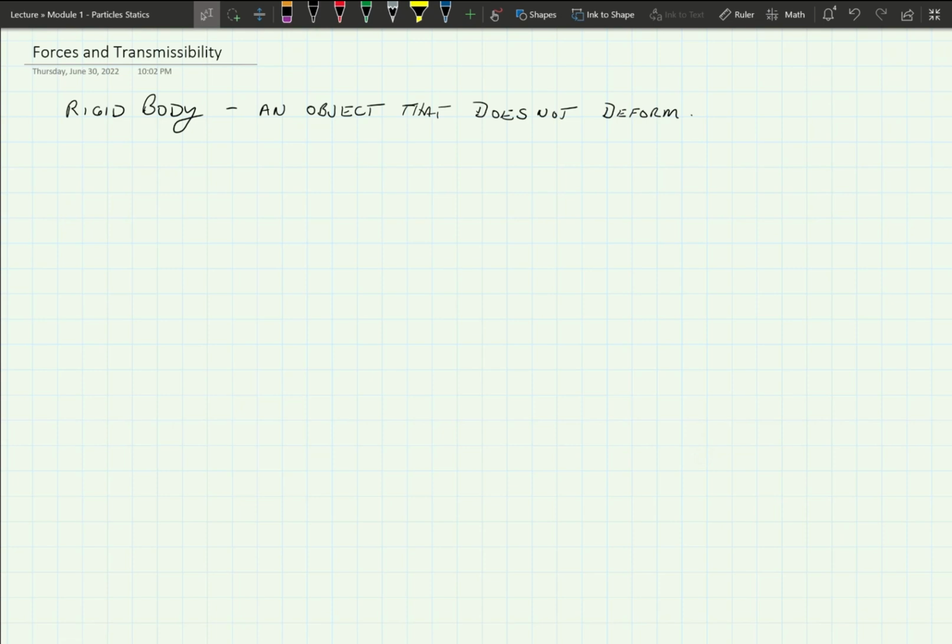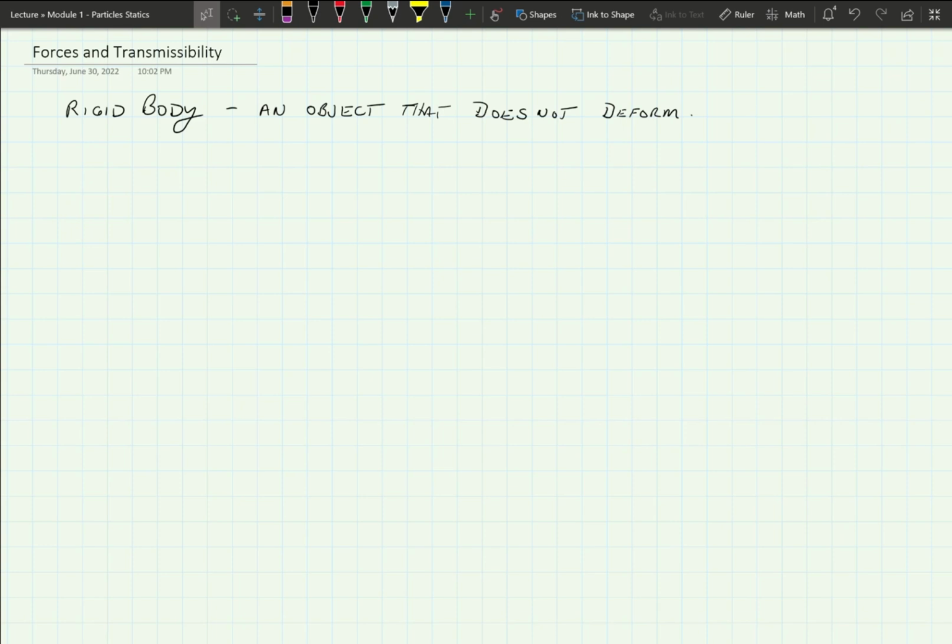By that I mean it doesn't change shapes, it doesn't squish. Think of, let's see, a wooden block. It has the shape that it has. No matter what forces you put to it, it will not change.